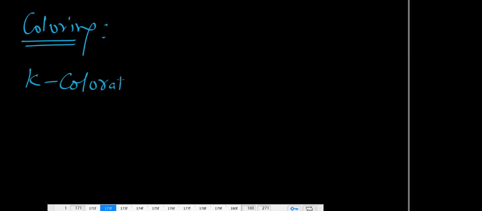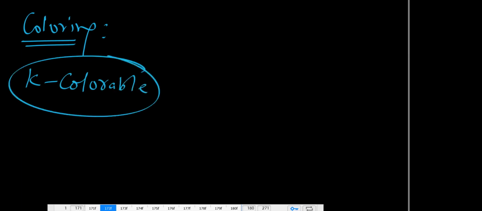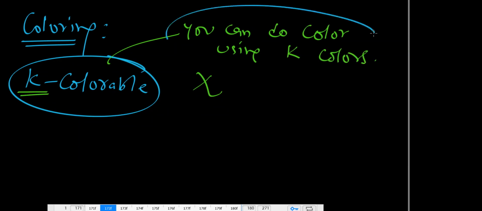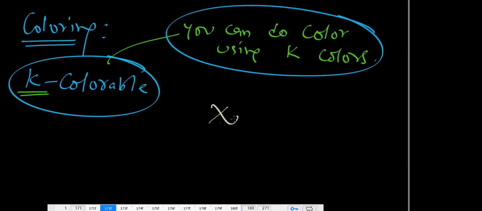K colorable simply means you can color using K colors, but this is not the minimum. If you can color using K colors, it simply means the minimum will be less than or equal to K.